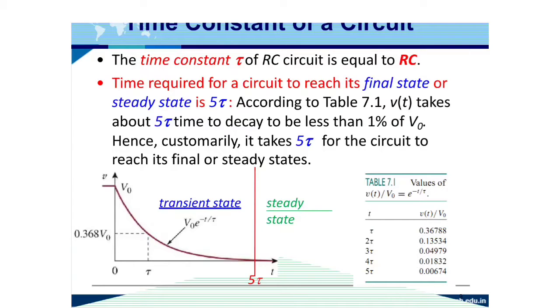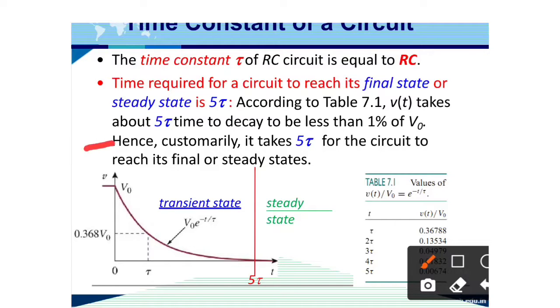So almost there is no transient, it is a steady state. V of t takes about 5 tau to decay to less than 1% of V0. Hence it takes 5 time constants for the circuit to reach its final or steady state value.